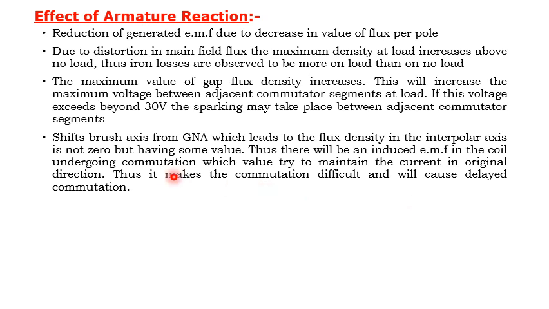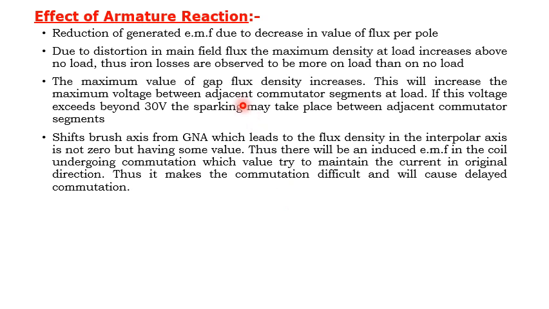So there will be an induced EMF in the coil undergoing commutation, which tries to maintain the current in the original direction. Thus it makes the commutation difficult and will cause delayed commutation.